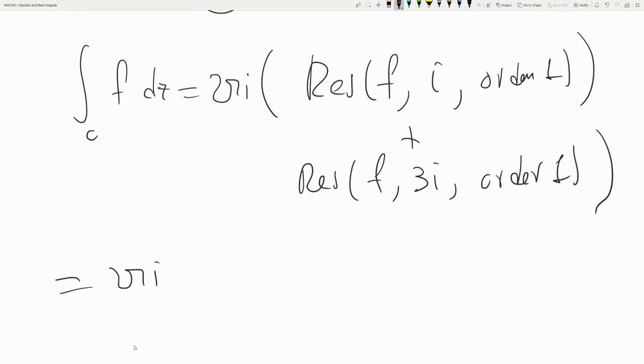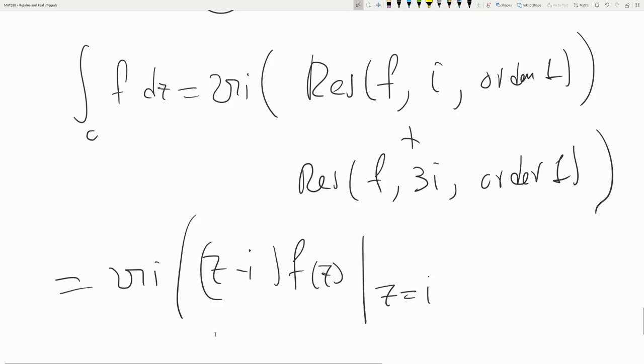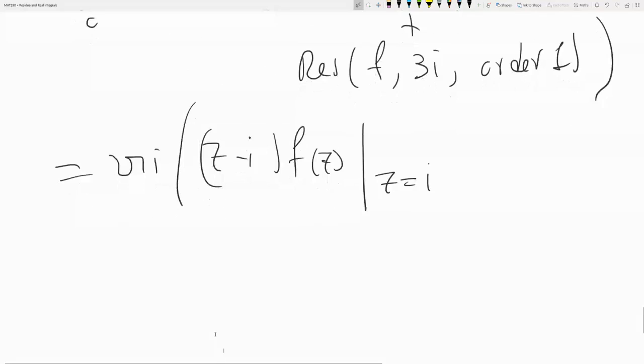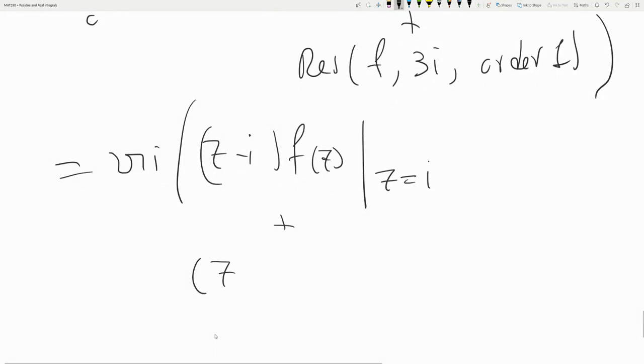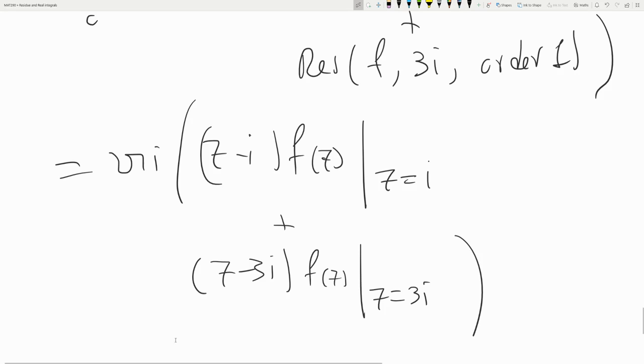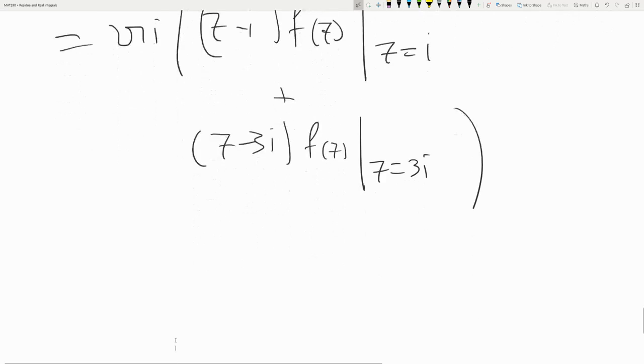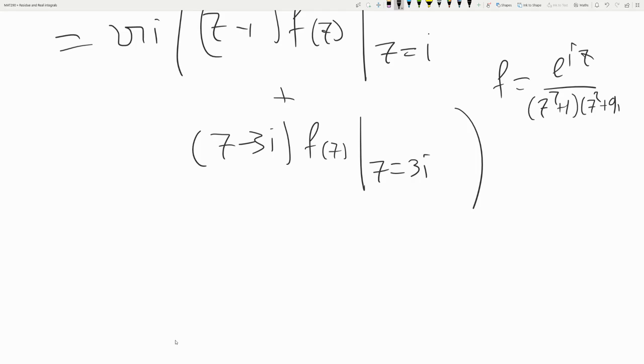You have z minus i times f of z evaluated at z equals i, plus z minus 3i times f evaluated at z equals 3i. Okay, good. Now, f was z squared plus 1, z squared plus 9, sorry, plus 9.